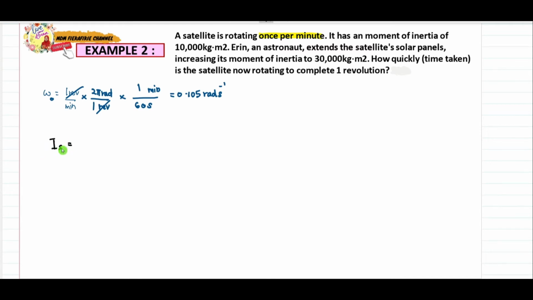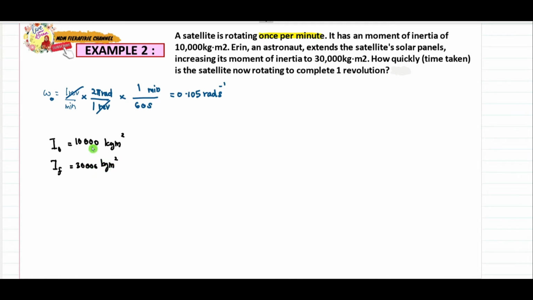Initial lah ataupun I naught, kita boleh letak I naught 10,000 kg meter squared. Okay, so now Erin, an astronaut, extends the satellite solar panel and she increased the moment of inertia for the satellite. So you can write that I final, daripada 10,000 to 30,000 kg meter squared.